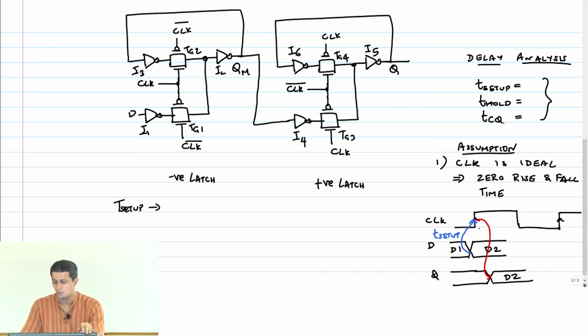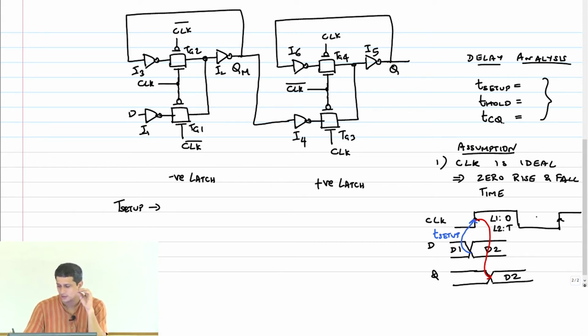So now what happens? First of all, when the clock goes from 0 to 1, tell me what is the state of L1 in terms of whether it is transparent or opaque. Clock is going high. L1 is opaque and L2 is transparent.